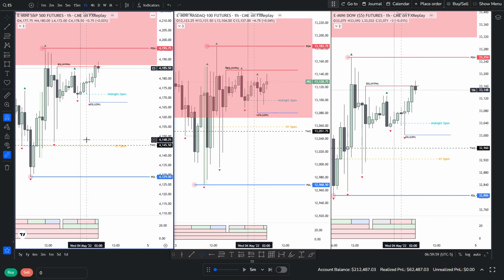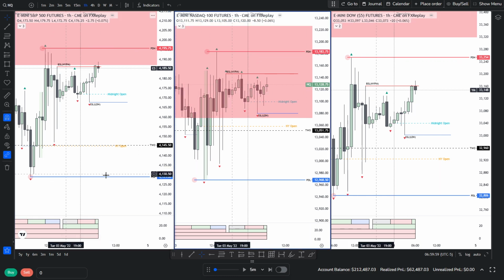Now again, if we were looking for counter trend to the higher time frame, I'd need to see this logic. Now, because of how volatile today is, I am going to reference that as a potential model.